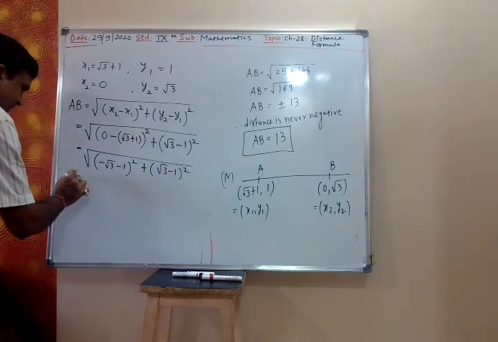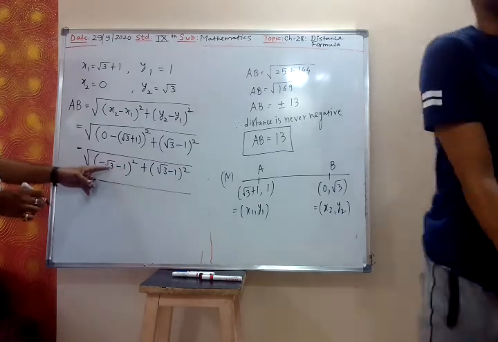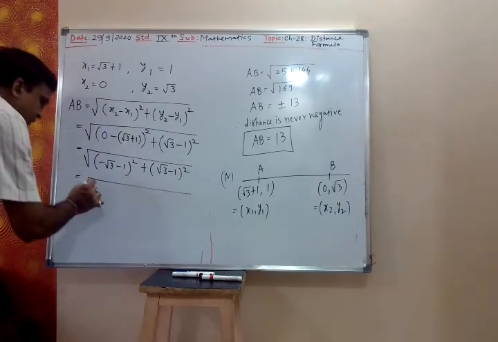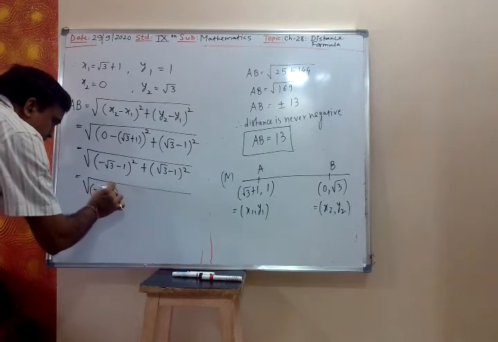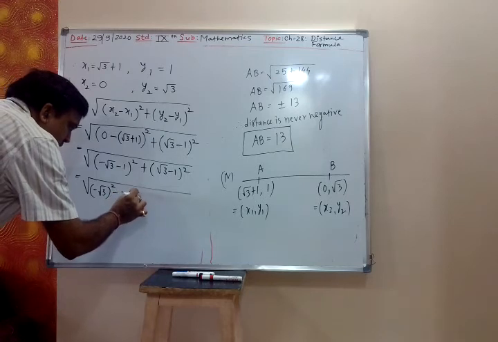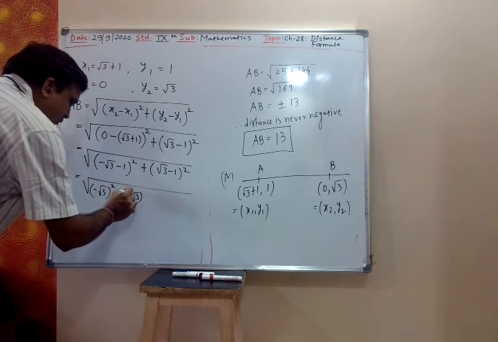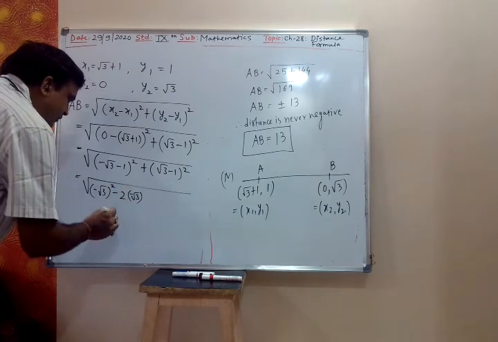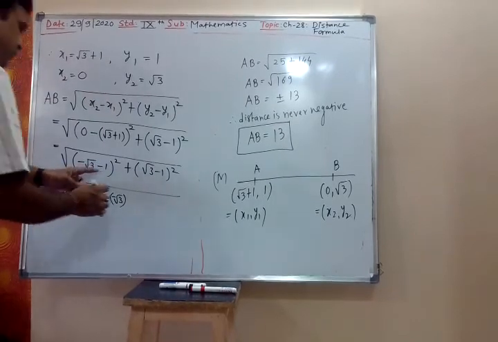So now we simplify the bracket. First we apply the A minus B whole square formula. My A is minus root 3, so that will be minus root 3 square, A square, minus 2 into minus root 3 into 1.